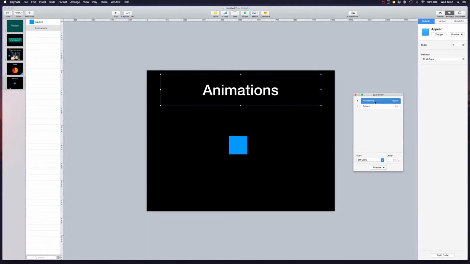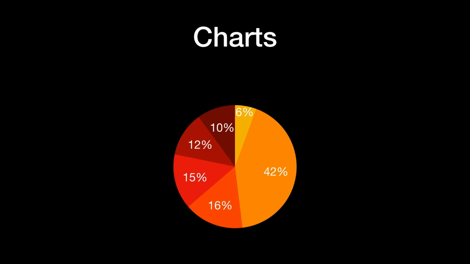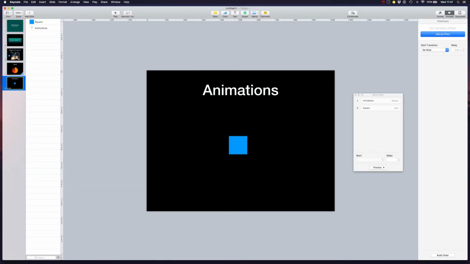I can make this appear animation show automatically when we transition, and we can make this square animation manual. So if I go to play this, then go to animations, yeah, then it will show only when I click there. So this is just a basic example.